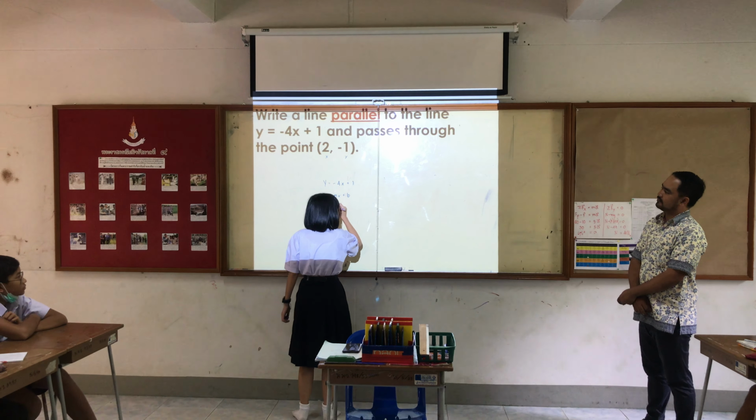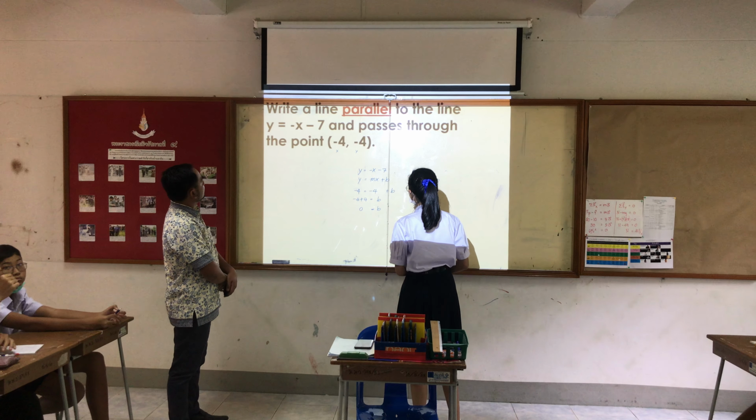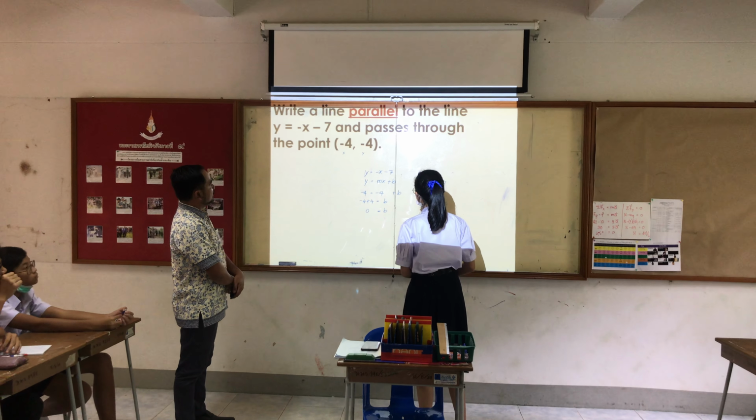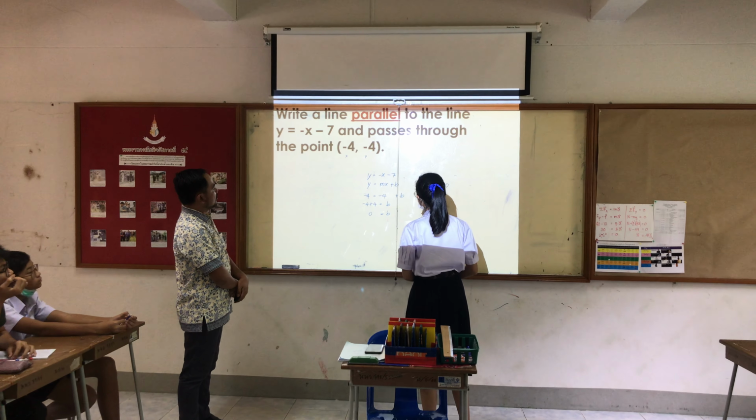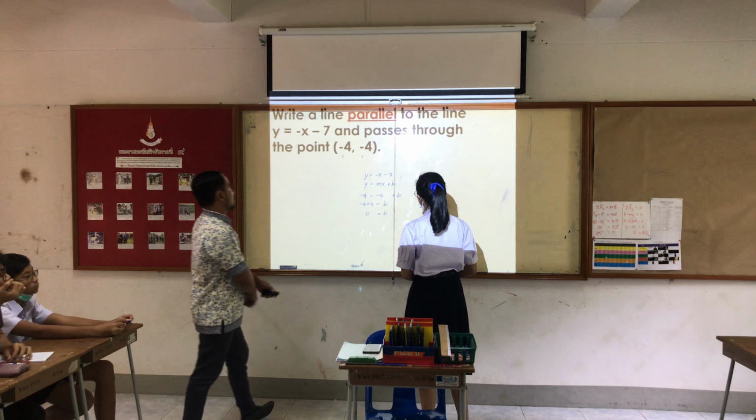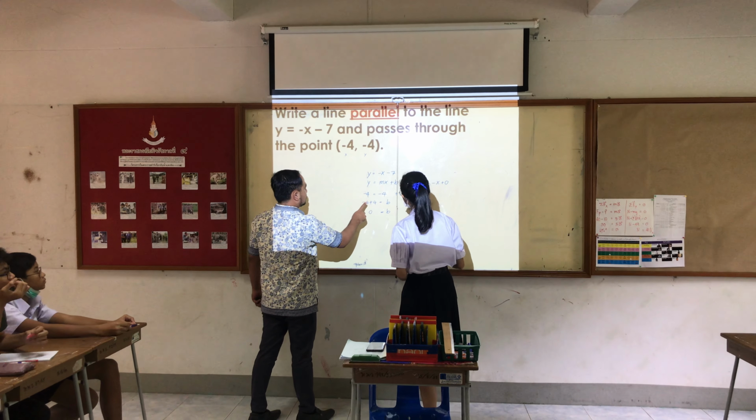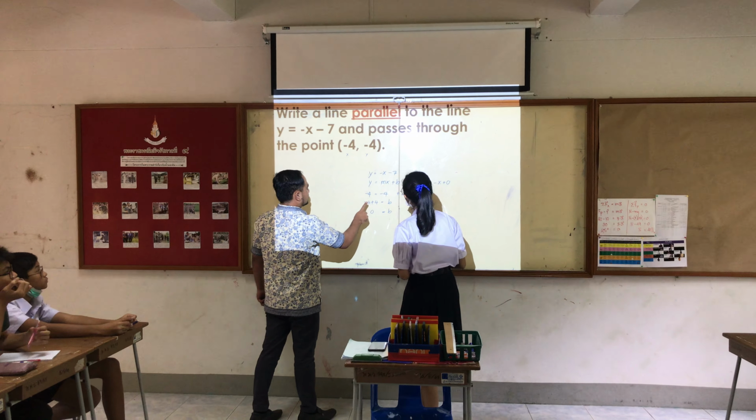We have negative x, m is negative 1. What's that? Negative 1, negative 4, times negative.